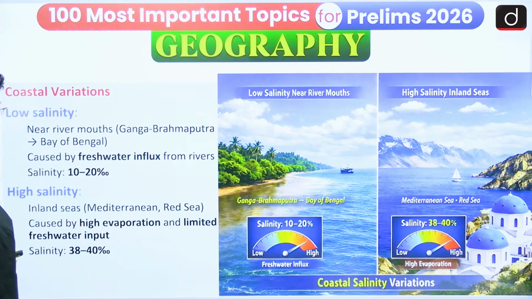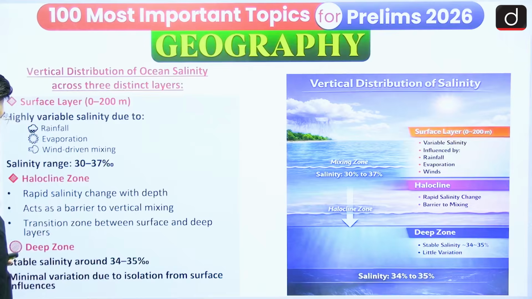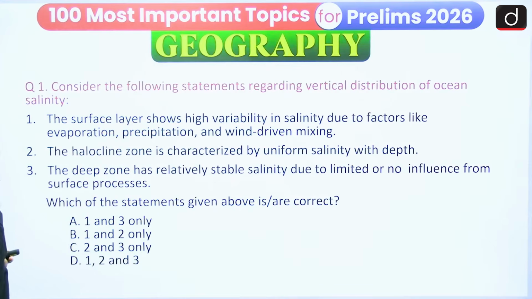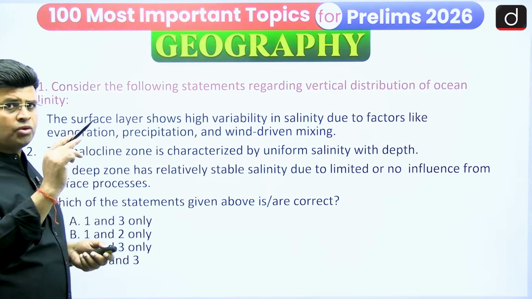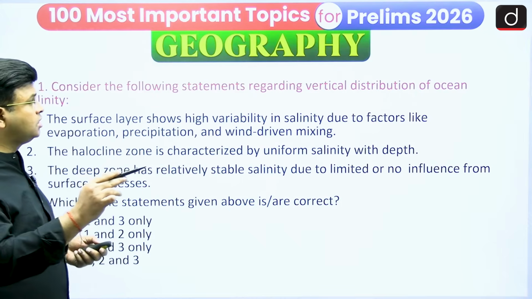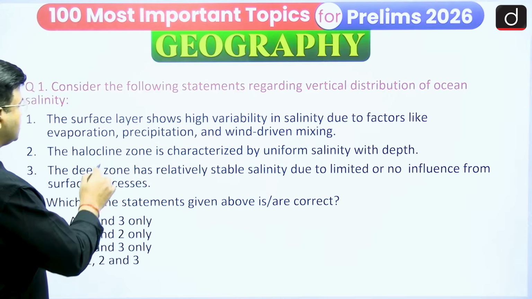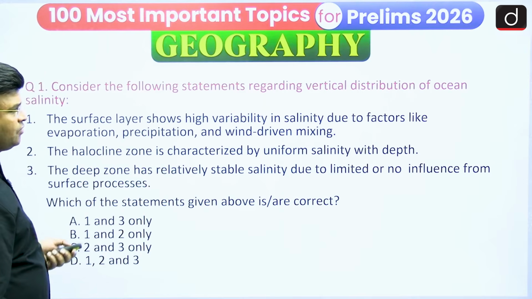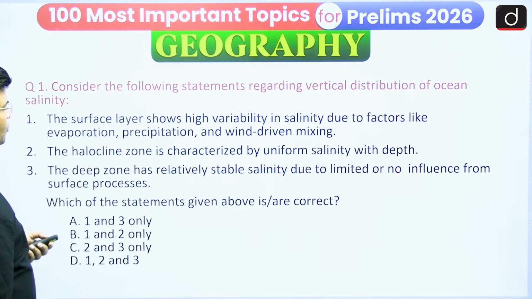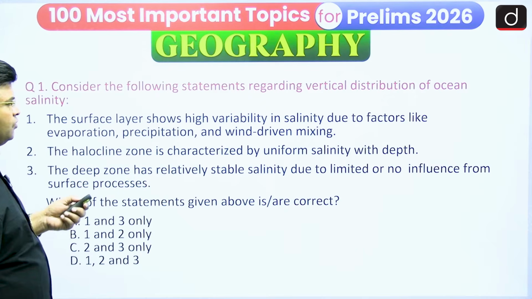Now consider the following statements regarding vertical distribution of ocean salinity. In vertical distribution, there is a surface zone or mixing zone, then the halocline, and thereafter the deep sea. The surface layer shows high variability in salinity due to factors like evaporation, precipitation, and wind-driven mixing.